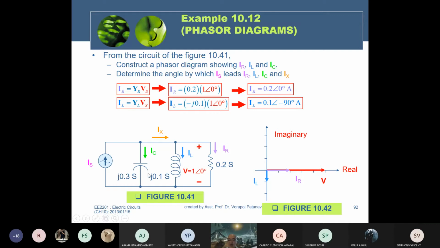In this case, all units are in siemens. After that you get IC, the current flowing in the capacitor. You know V, and you multiply by 0.5j because this is the admittance case. After you get IR, IC, and IL, you can see the direction of them.